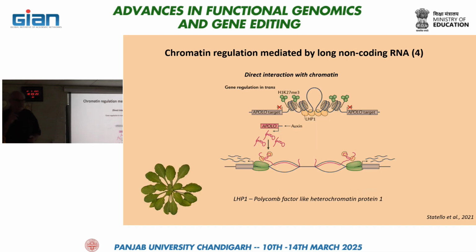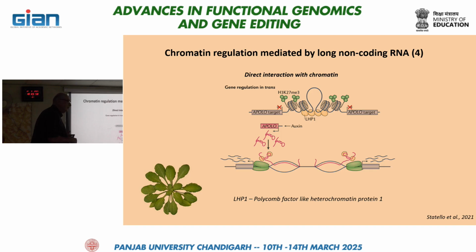And finally, now it's Arabidopsis. Again, it will be with direct interaction with chromatin, but actually the action of this long non-coding, I'm sorry, I'm saying microRNAs because usually I'm talking about microRNAs. APOLO is a very famous long non-coding RNA in plants.